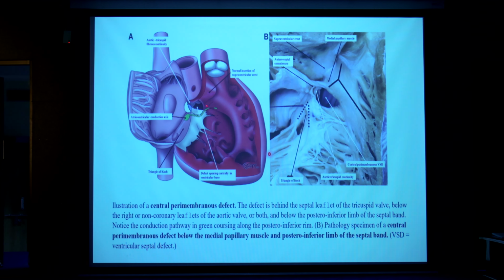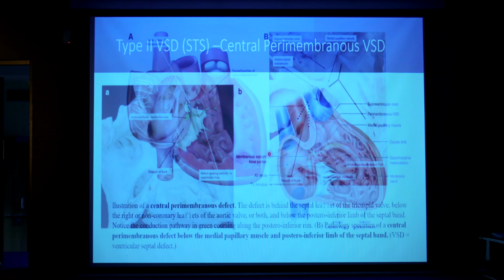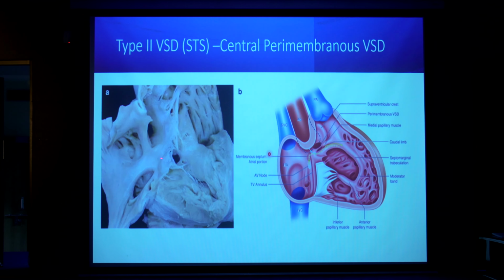So that is the posterior inferior limb of the trabecular septum marginalis. And this is a small perimembranous VSD, and it is at the anteroseptal commissure. You can see how the bundle traverses along its posterior inferior margin.